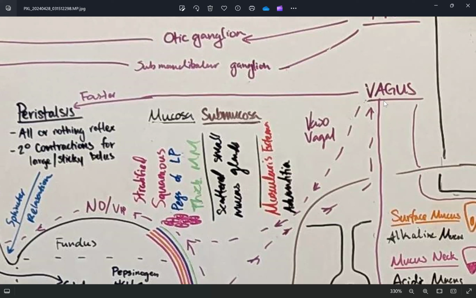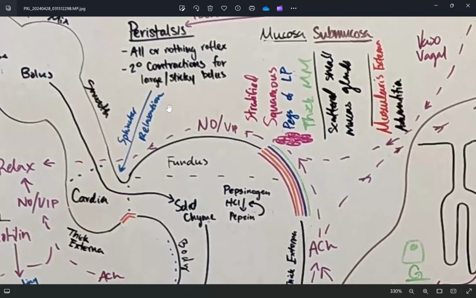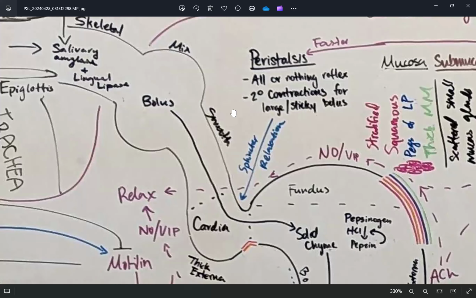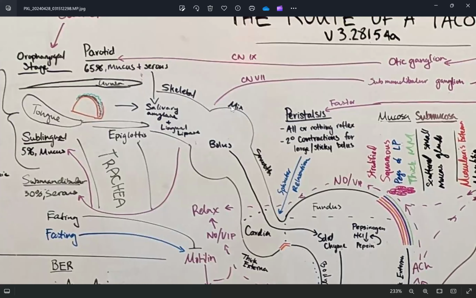Also, your muscle layers will change throughout your esophagus. The proximal part, closer to your mouth, will have more skeletal muscle. In the middle esophagus, it'll be a mix. And closer to the stomach, your muscle layers will become more smooth muscle.